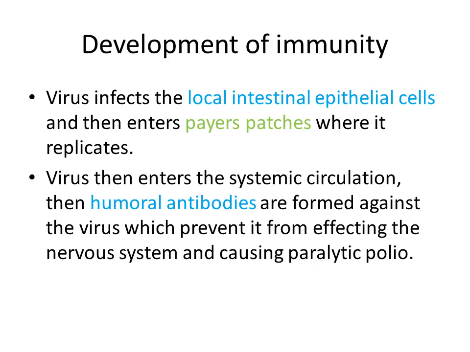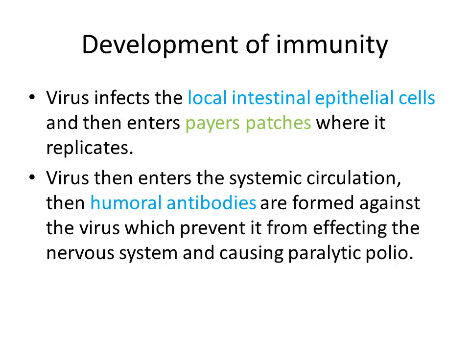Next, development of immunity. How does immunity develop after you vaccinate the child? The virus infects the local intestinal epithelial cells. Then it enters the Peyer's patches where it replicates.